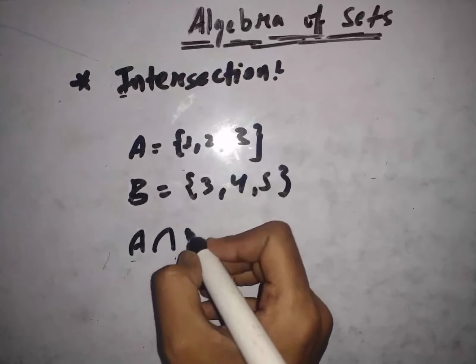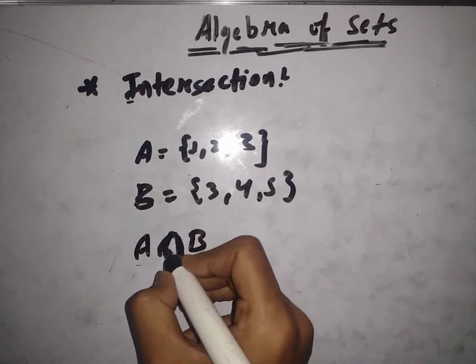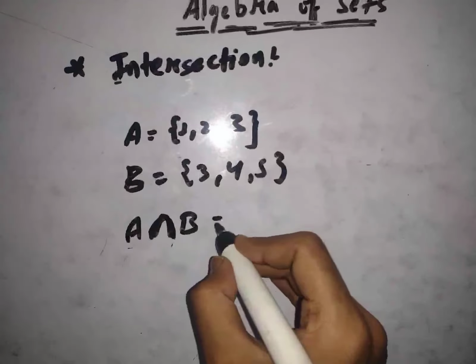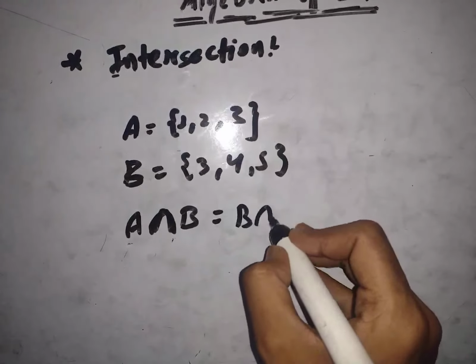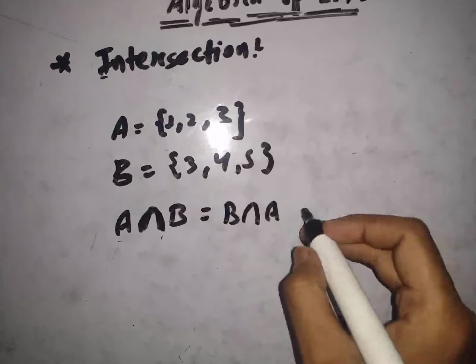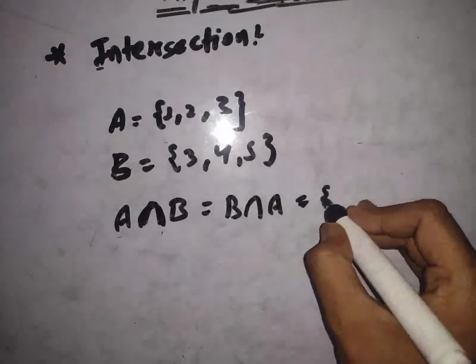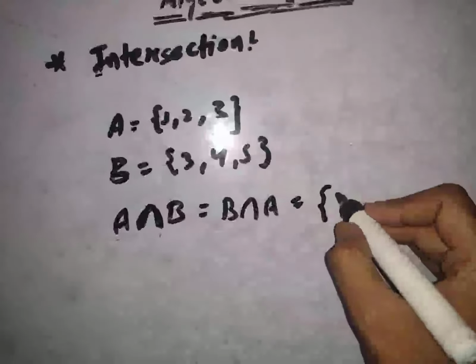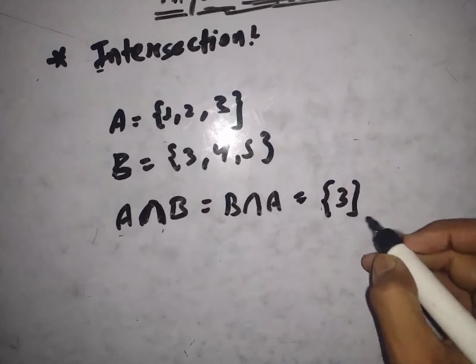Then A intersection B, this is the symbol of intersection, the inverted U, is equal to B intersection A, and that is 3.